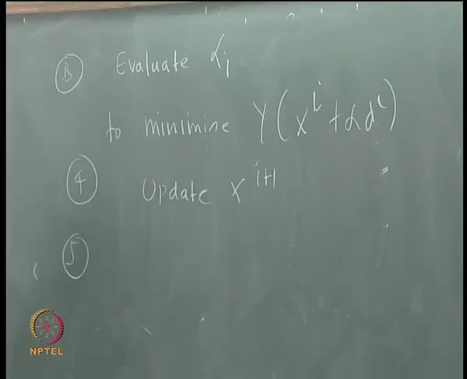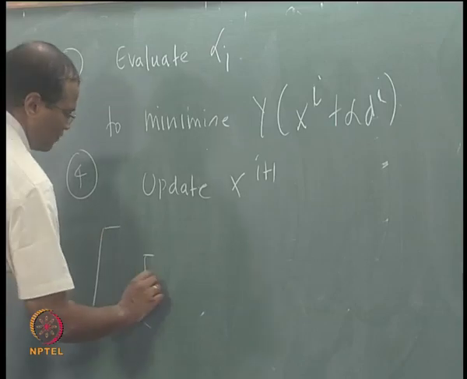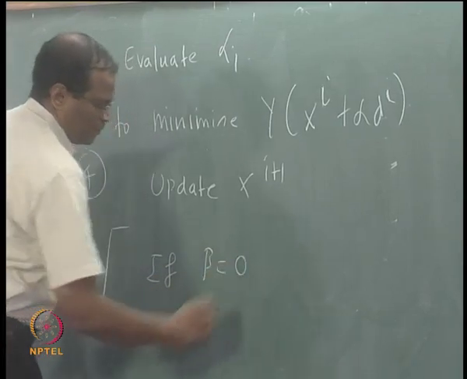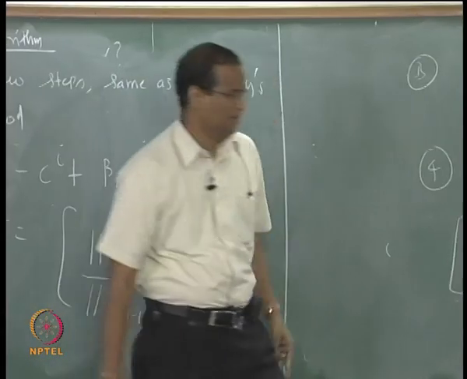Update it. If beta equal to 0, it becomes Cauchy's method.